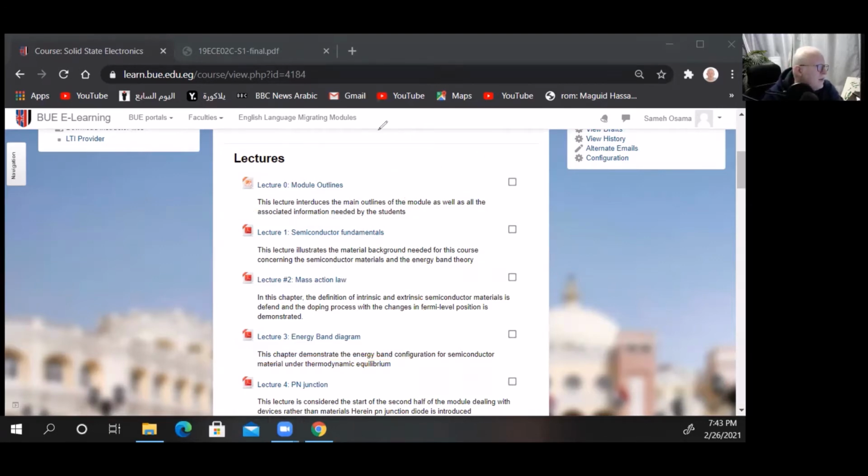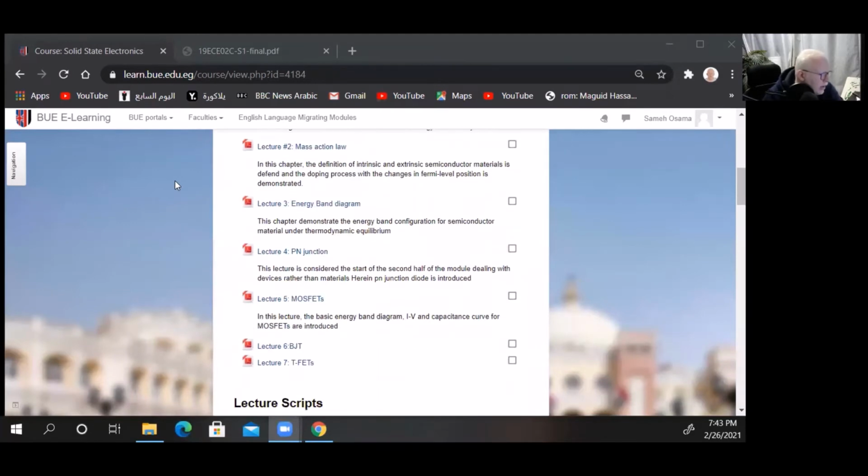And then for the other two questions, you will find that we will have one question which will cover the p-n junction and one of these two topics. And the other question will cover the MOSFET and one of these two topics. As I mentioned earlier in this lecture, these two lectures are somewhat conceptual.